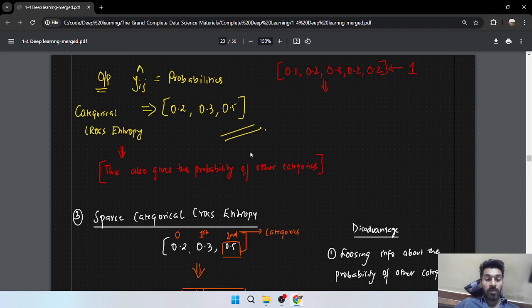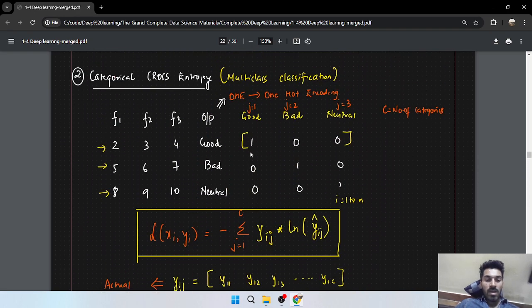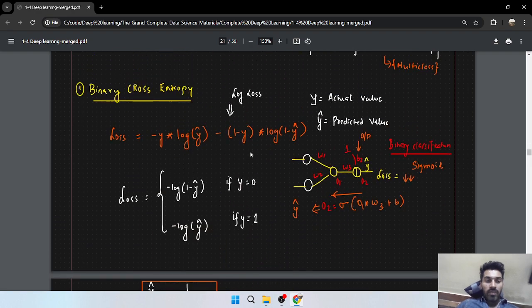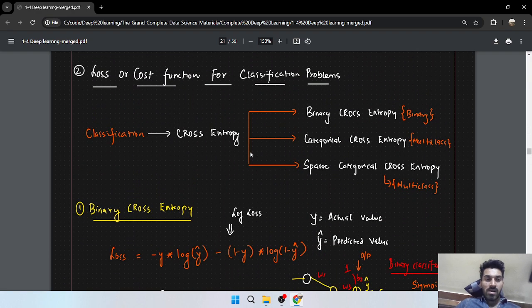So where do we have to apply this? If your data has binary classification, then apply a sigmoid activation function and apply binary cross entropy as the loss function.